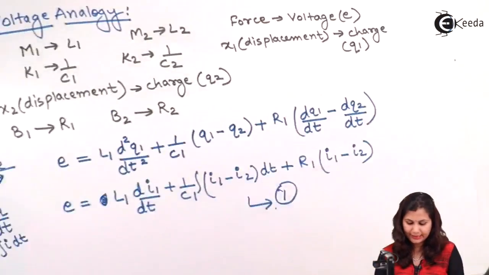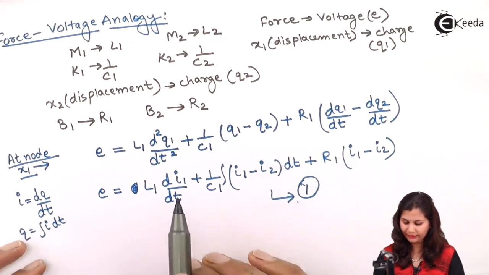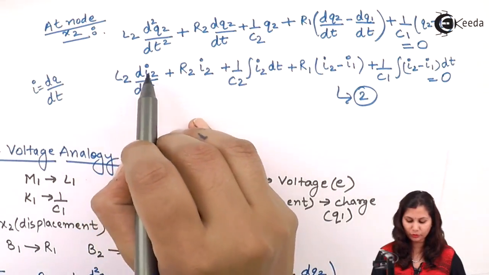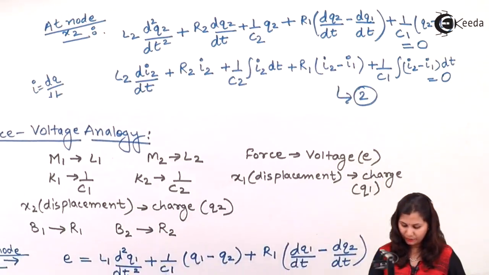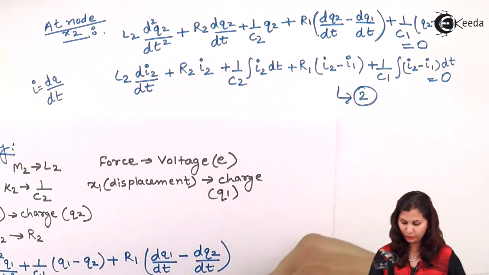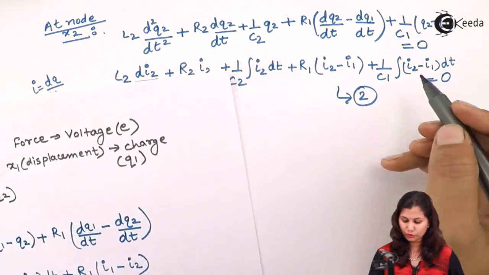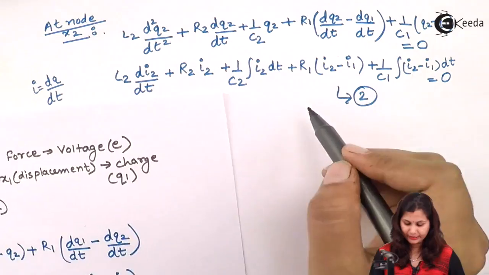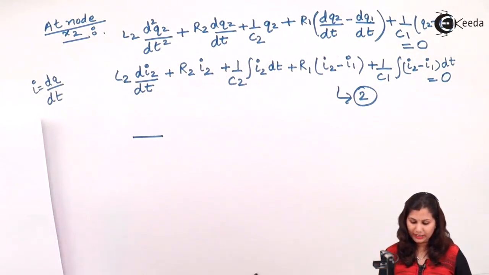If you analyze these two equations, we have L1 associated with only the current I1 and L2 associated with only the current I2. The element R1 is associated with both the currents in both the equations, and the capacitor C1 is also associated with both the currents. So R1 and C1 will be connected in between the two nodes X1 and X2.